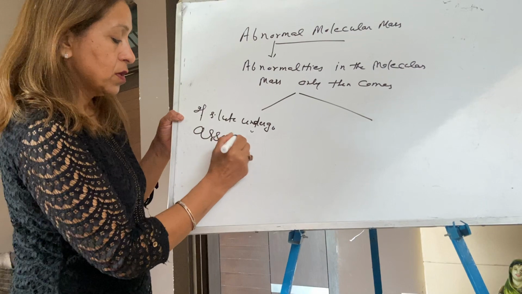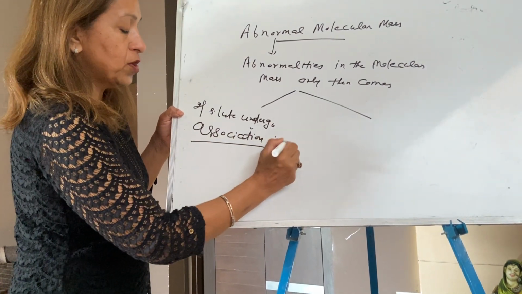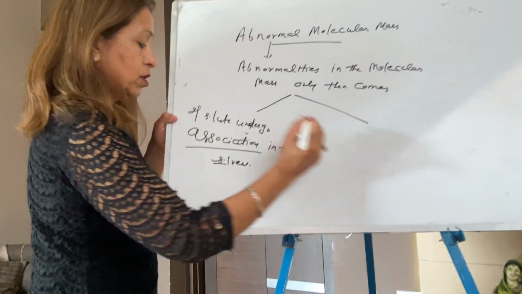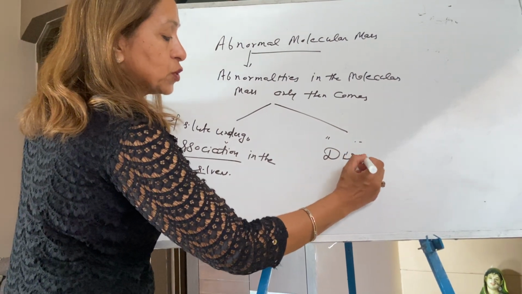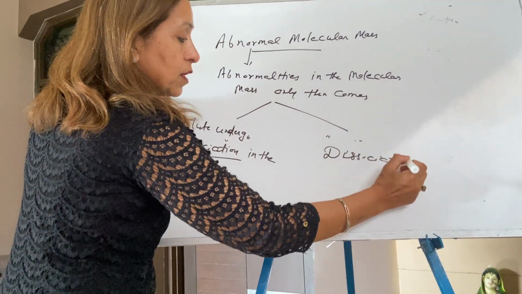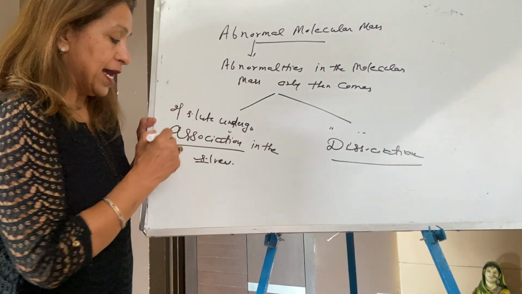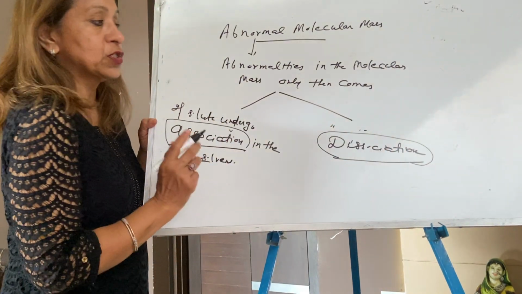Write down association and underline this word. If the solute undergoes association in the solvent or the solute undergoes dissociation in the solvent, abnormalities in the molecular mass come, either the solute associates or the solute dissociates in the solvent.